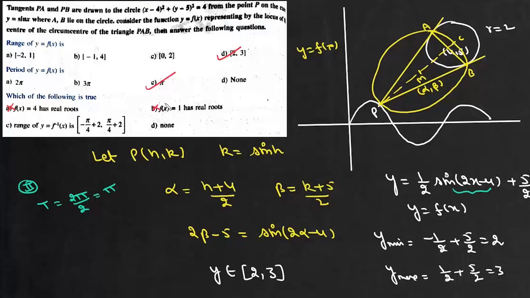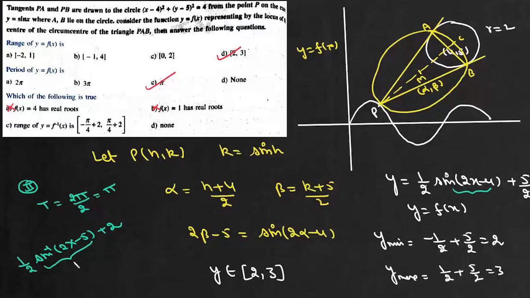Now C is the range of f inverse x. Now if we find its inverse, the function will be 1 by 2 sine inverse 2x minus 5 plus 2. Now we have a sine inverse function here.